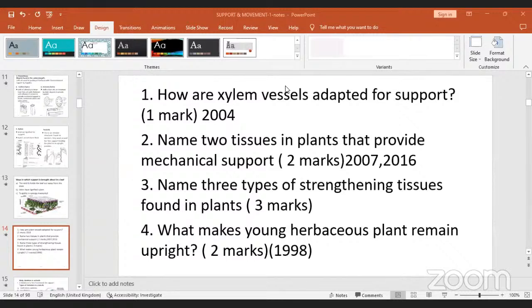What makes young herbaceous plants remain upright? Rigidity of the plants. Besides rigidity, these are 2 marks.